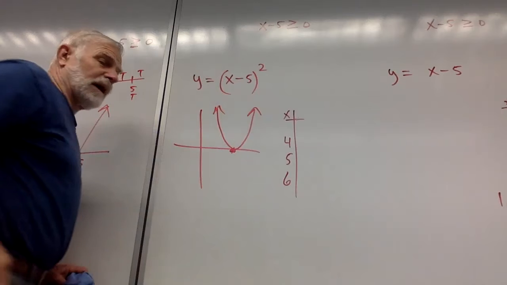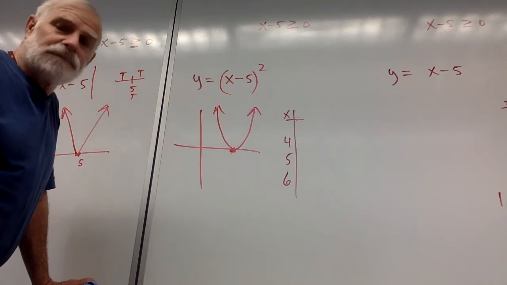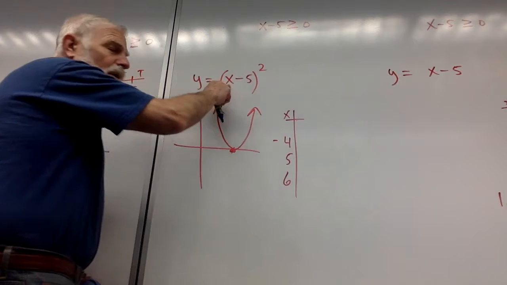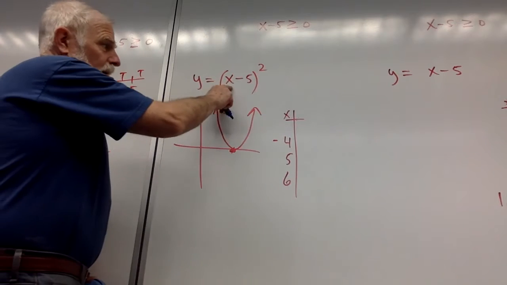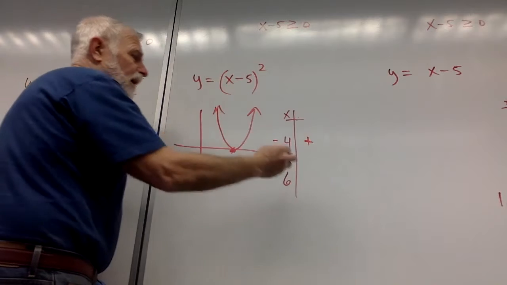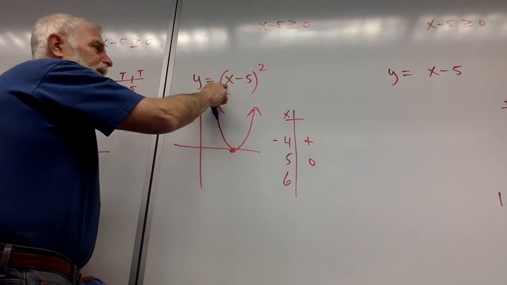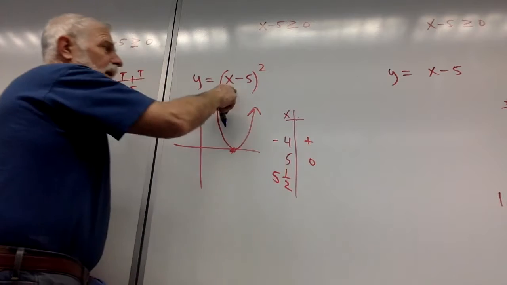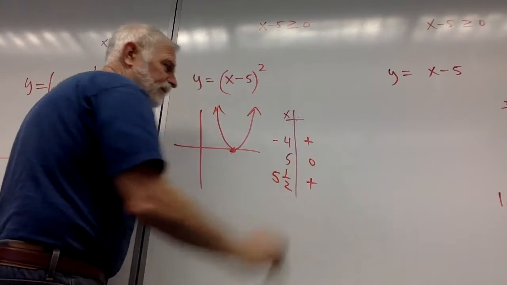All right, we get a graph that looks like that. 5 is still critical. And it doesn't matter whether I put a 4 in or a negative 4, squaring a negative gets us a positive. Putting in a 5 gets us a 0. Putting in any number bigger than 5, I could do 5.5, doesn't matter. A half squared is a fourth, still positive.